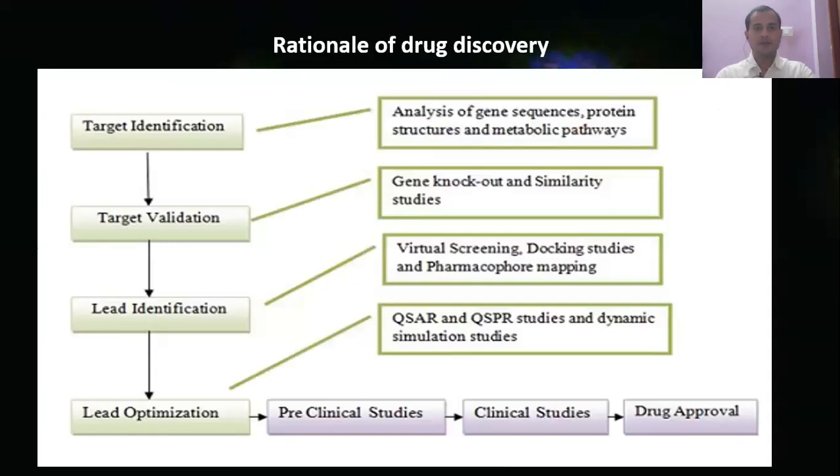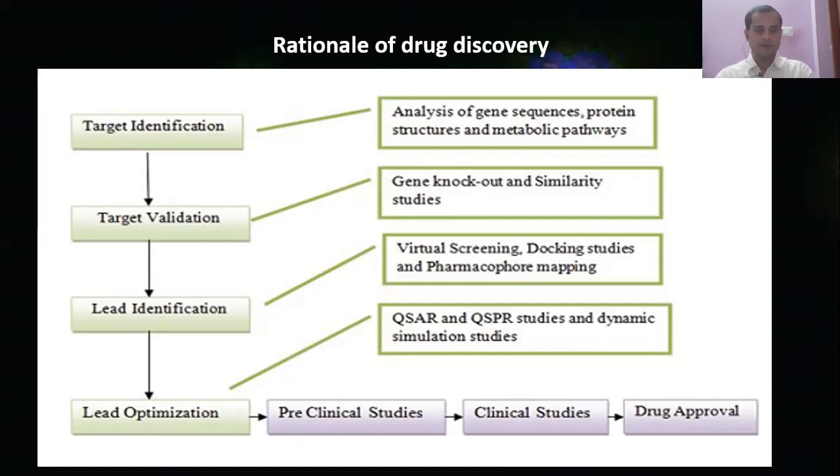So as I told, what is the rationale of drug discovery? What is target identification? How do we do it? We can analyze gene sequence, protein structure, and metabolic pathway. We have to identify which is more important in that particular disease or parasite. Then we have to validate that target by gene knockout or similarity studies.